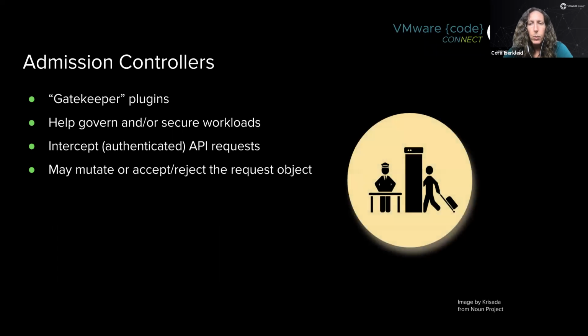One way to think about these admission controllers is to compare them to the security scan at an airport. When you're going to take a flight, you arrive at the airport, and in order to get in line for security, usually as you're joining the line, somebody makes sure that you have a plane ticket, and then when you get to the front of the line, somebody checks your ID. So we can say that that's the authentication and authorization that the API server would do.